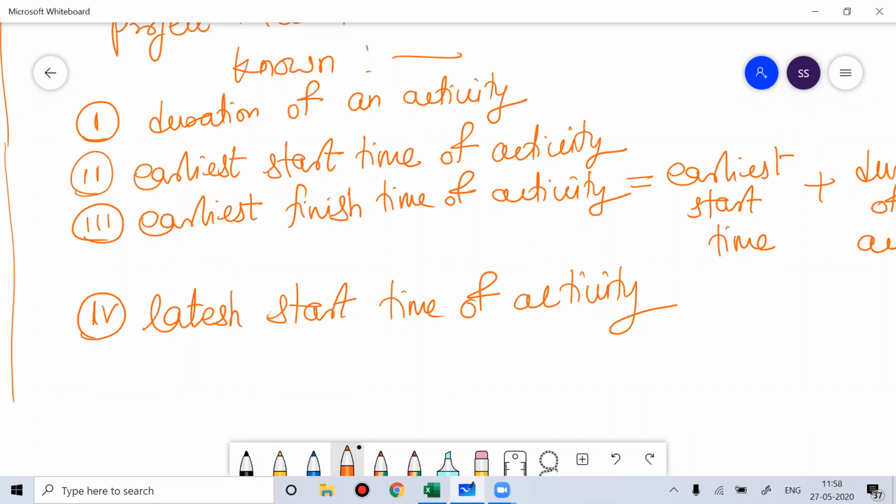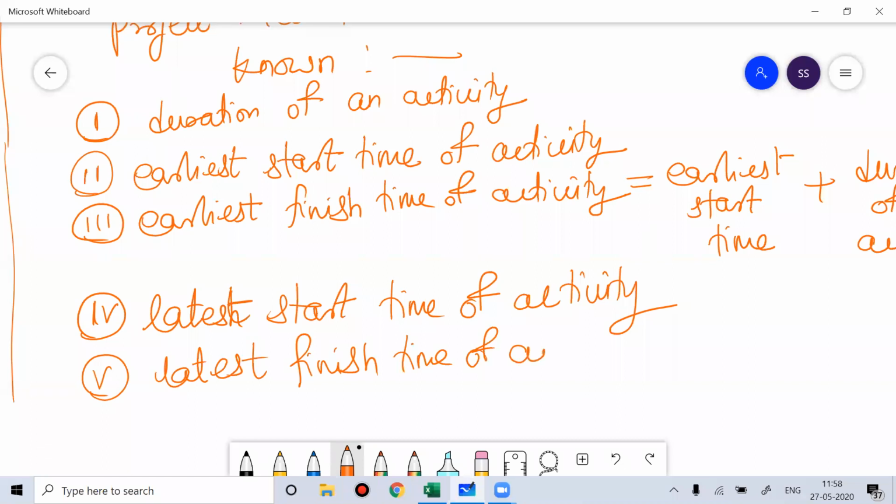Right now, you just write it down. If you add the duration to the latest start time of the activity, you can determine the latest finish time of the activity. So again, we use the formula here.